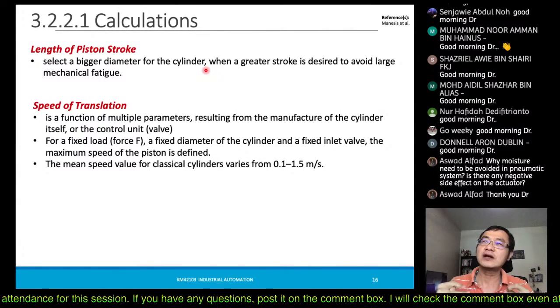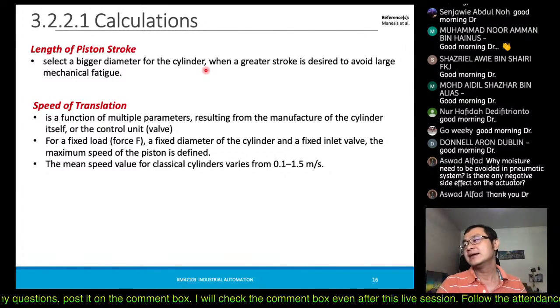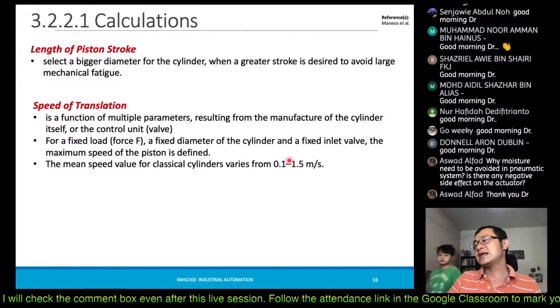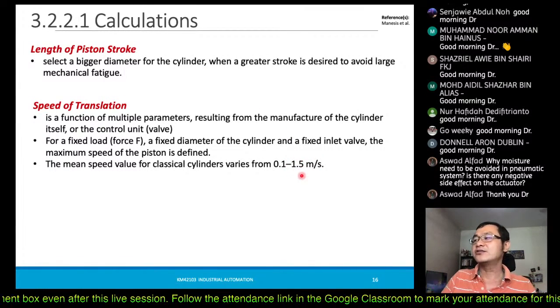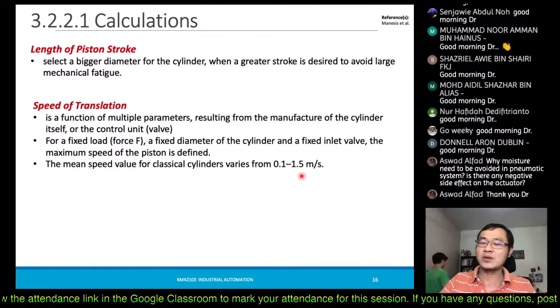They will tell you roughly how it would behave. Generally the speeds of the cylinders are quite high. It can range from 0.1 to 1.5 meters per second, which is very high.